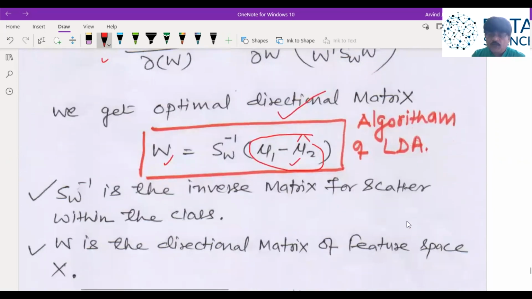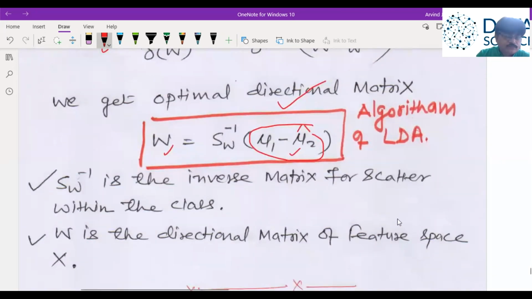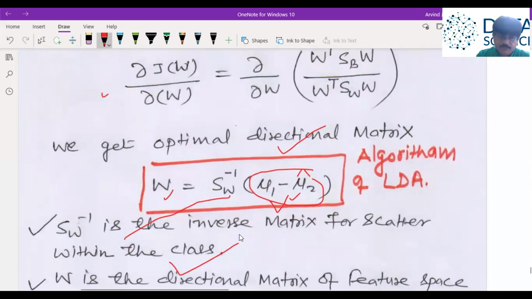And this is the algorithm of LDA. This S_W inverse is the inverse matrix of the scatter within the class, while this mu1 minus mu2 is the difference of means between the classes in the feature space X. So this is the algorithm of LDA.